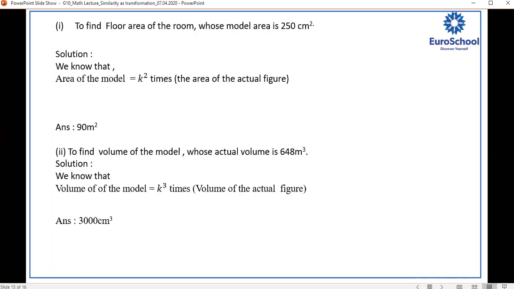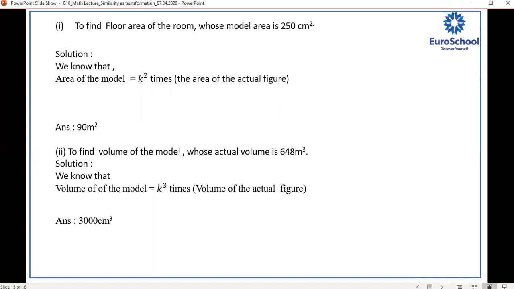Ma'am, what is the next chapter we are doing? After this, we are planning to start with arithmetic progression. Okay.